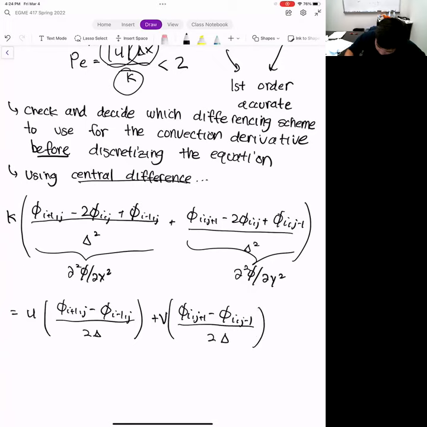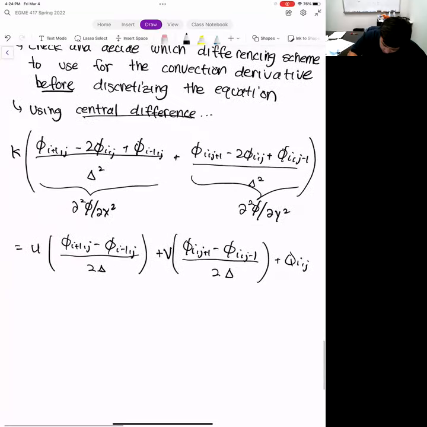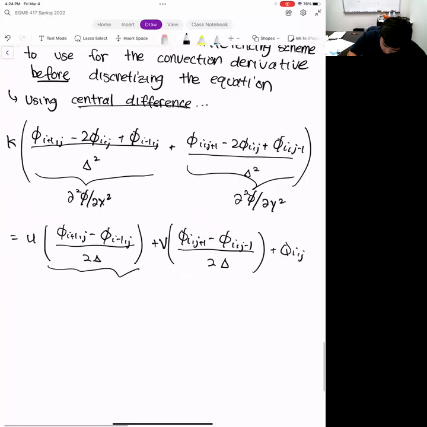I forgot the v, so the v goes out in front. Plus q i comma j. This first one is partial phi partial x, and this one was partial phi partial y.